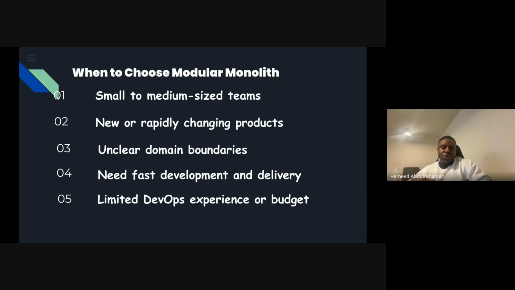Also, you could think about choosing monolithic whenever you have a new, rapidly changing product. When you're starting out as a startup, it's very important to think of ways to make your application more monolithic, because you can easily develop new features, ship them out, get feedback from the customers, then reshape.